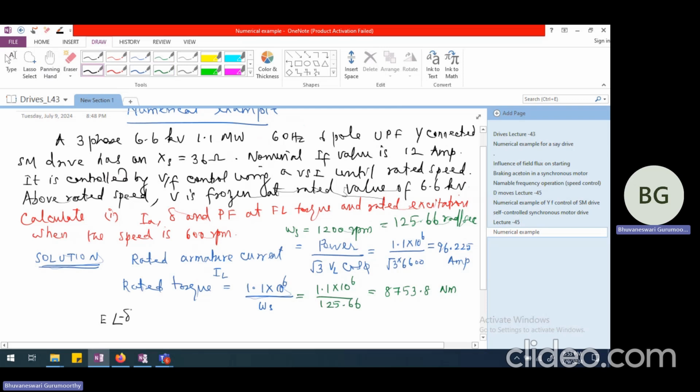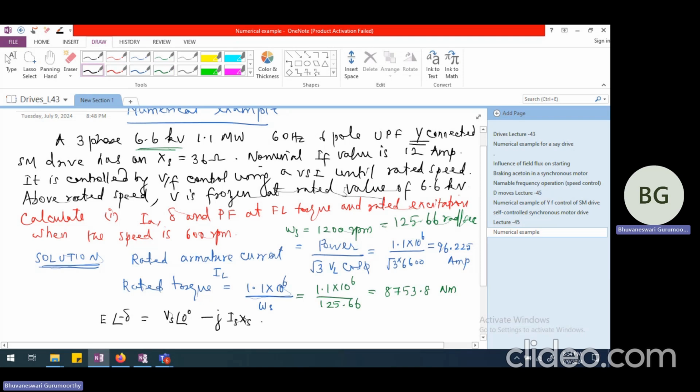E angle minus delta will be equal to Vs angle 0. Please remember everything is per phase value, and because it is star connected, we have to divide whatever is the line voltage by root 3. So V angle 0 minus J Is multiplied by Xs.